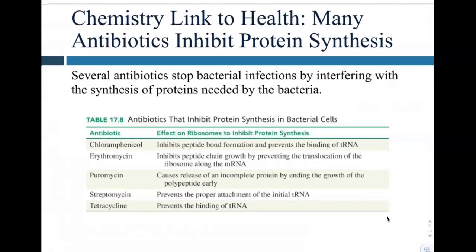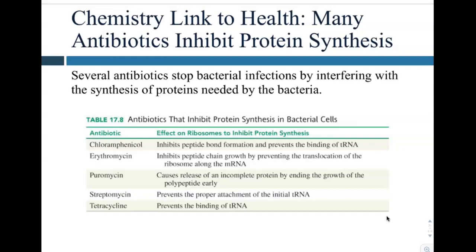Antibiotics can actually inhibit protein synthesis sometimes because they stop bacterial infections from synthesizing proteins. And so you want to keep your bacteria from synthesizing proteins. And that will kill the bacteria.